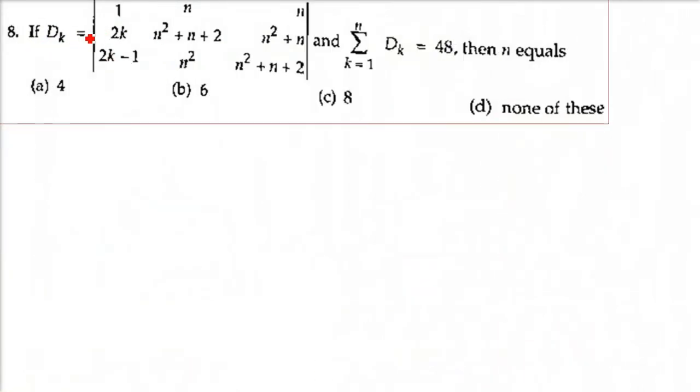Now in this question we have D sub k, that is the subscript, and we have a determinant, and we sum these, k goes from 1 to n. We start by adding determinant D1, then D2, then D3, and we keep on adding.